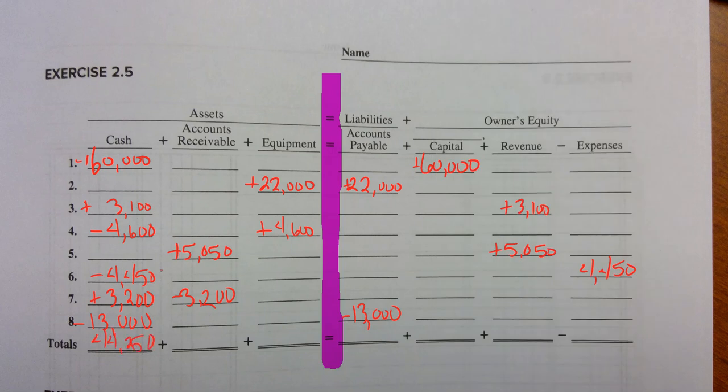With our accounts receivable, we've got 5,050 minus 3,200, leaving us with 1,850. And our equipment, adding together 22,000 and 4,600, we get 26,600. Accounts payable, 22,000 minus 13,000 gives us 9,000.